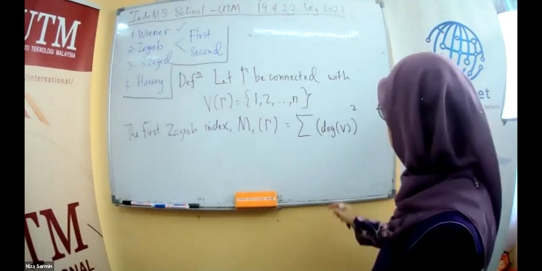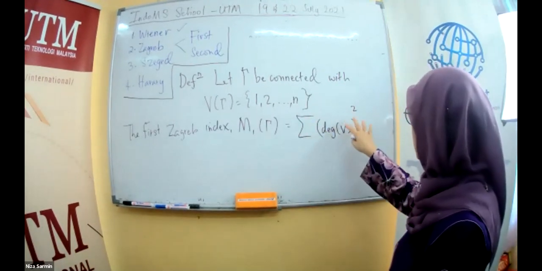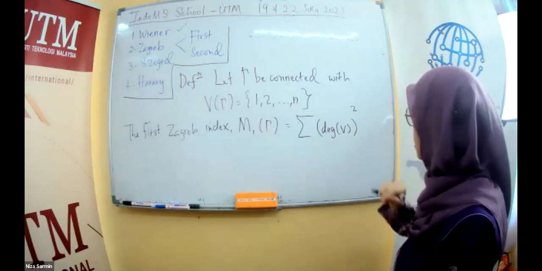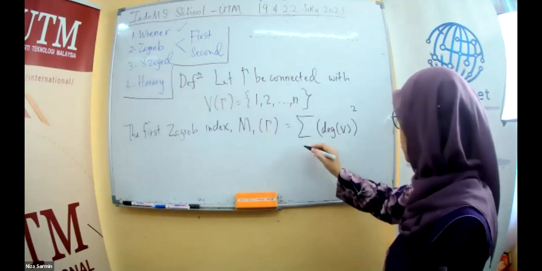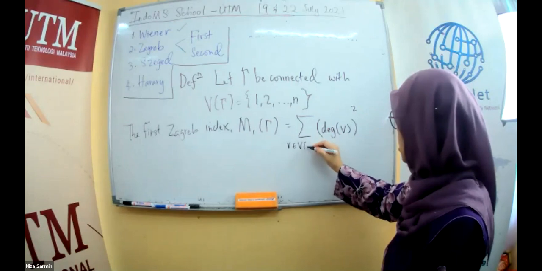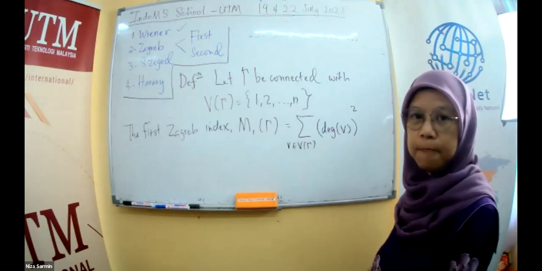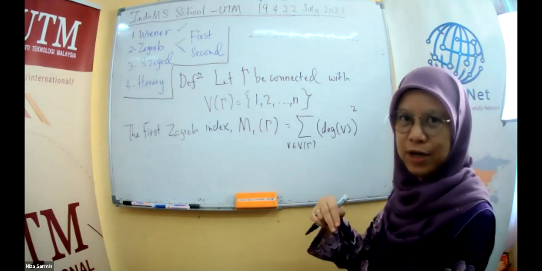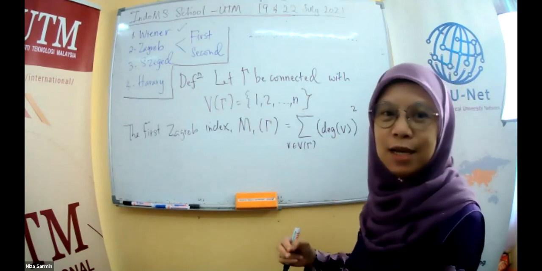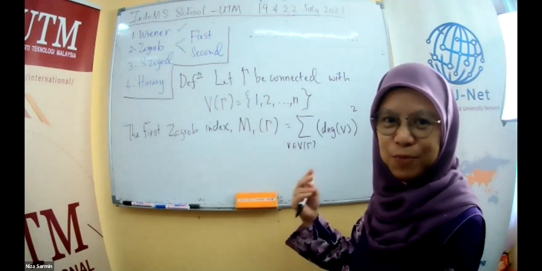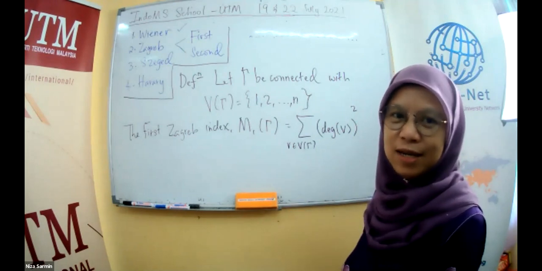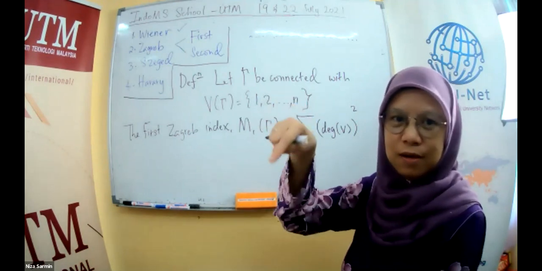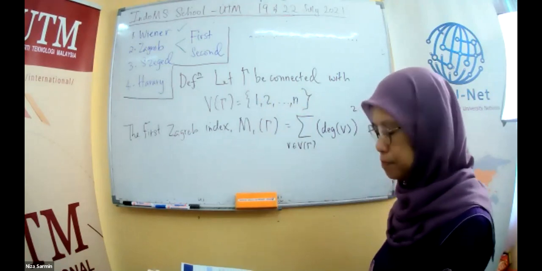The sum of the square of the degree of each vertex, so V is for all V. Last time we looked at the distance, right? This one we look at the degree. And how do you define the degree? Last time we already defined the degree is how many edges connected to that particular vertex, right?